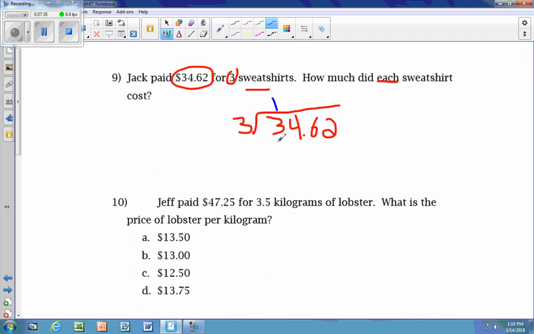So 3 goes into 3 one time. 3 goes into 4 one time. We have that decimal we have to bring up. 3 goes into 16 5 times. And 3 goes into 12 4 times. So the answer would be it's $11.54 for each sweater.